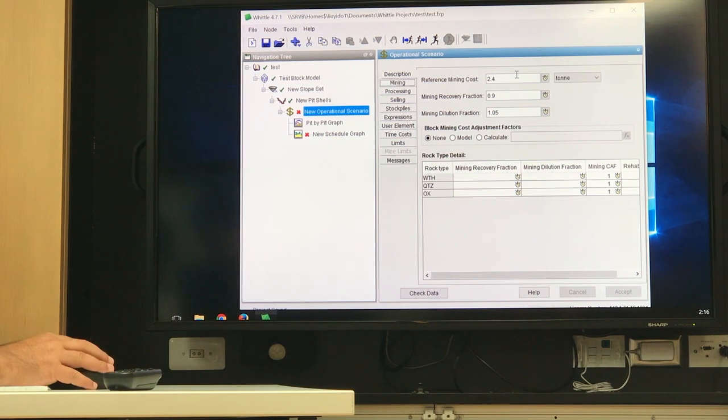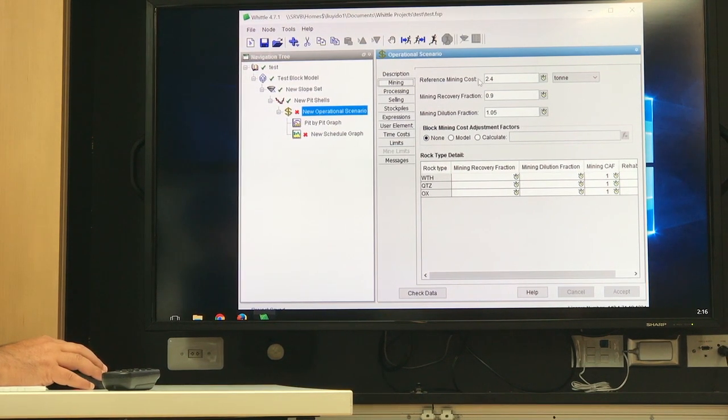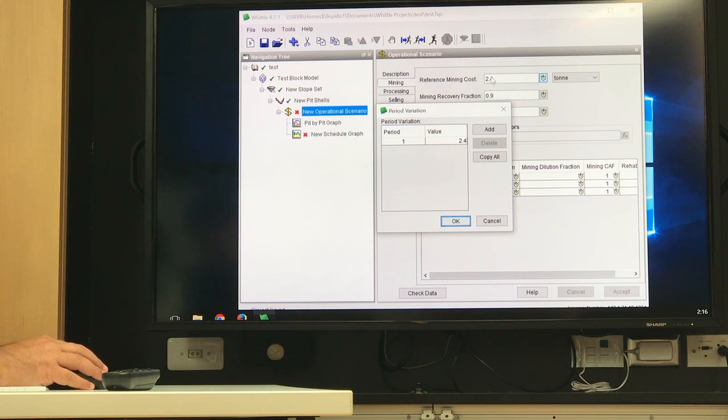So if you want to change any of those cost or price factors by time, you could do that. For example, I want to have the mining cost for the first 3 years as 2.4, but after year 3, I want to decrease the mining cost. Why? Because I'm going to buy more equipment, and with more equipment I'm going to produce more material at lower cost.